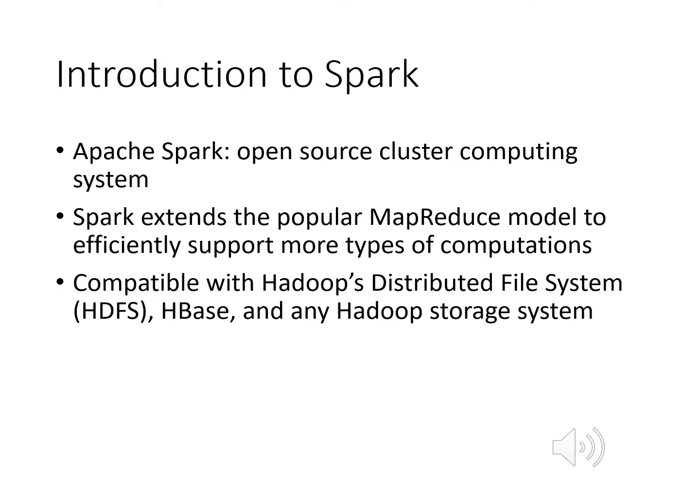Introduction to Spark. Apache Spark is a cluster computing platform. It is designed to be fast and general purpose. On the speed side, Spark extends the popular MapReduce model to efficiently support more types of computations, including interactive queries and stream processing.